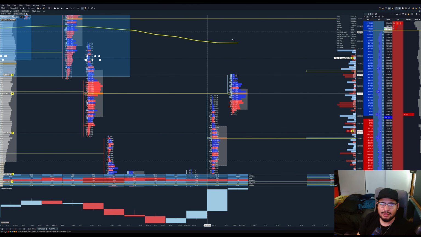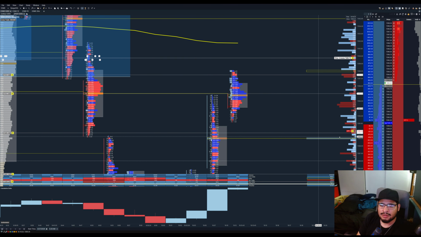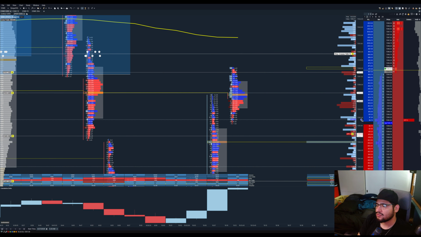The New York session VWAP is a little bit higher. Okay, looks like we're probably gonna retest the 72.89 level if I had to guess, but it's so close to hitting VWAP as well.